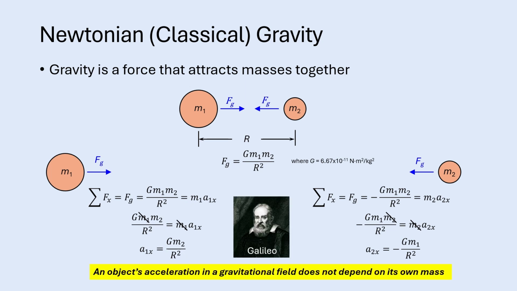The takeaway here is although the force is dependent on an object's mass, its acceleration in a gravitational field does not depend on its own mass, as demonstrated by Galileo when he dropped two objects from atop the Leaning Tower of Pisa.